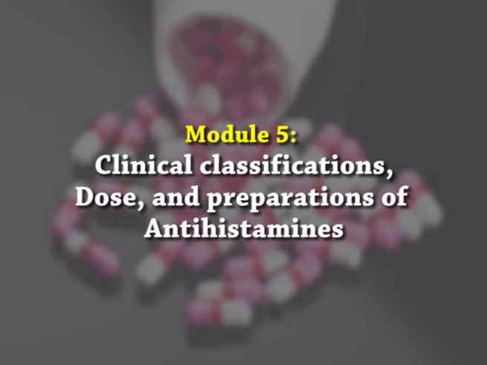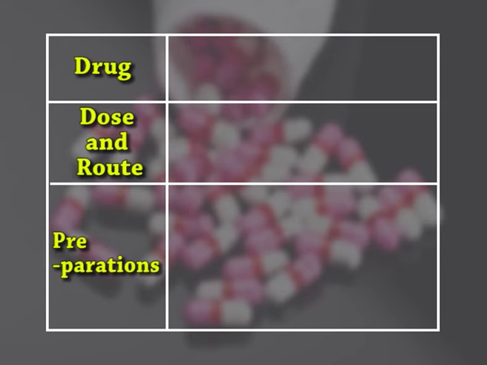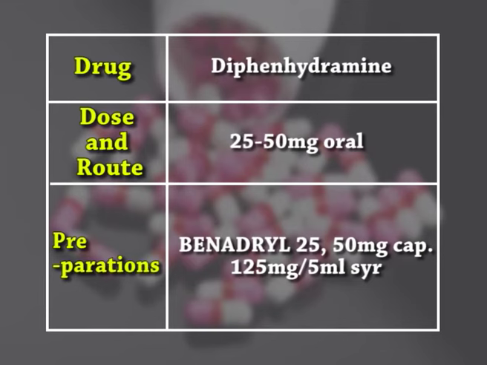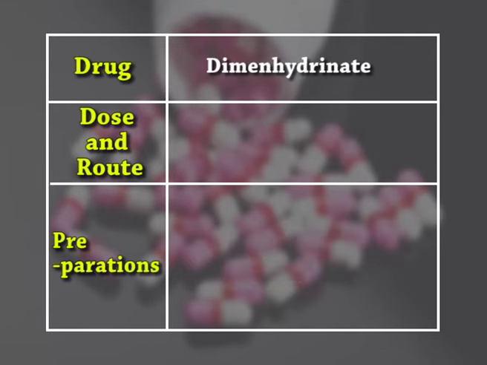Now, let us start with module 5, which includes clinical classifications, doses and preparations of antihistamines. As shown in the figure, highly sedative drugs include diphenhydramine, whose dose is 25 to 50 mg and route is oral. Its preparations include Benadryl. Second drug is dimenhydrinate, given in a dose of 25 to 50 mg, route oral.